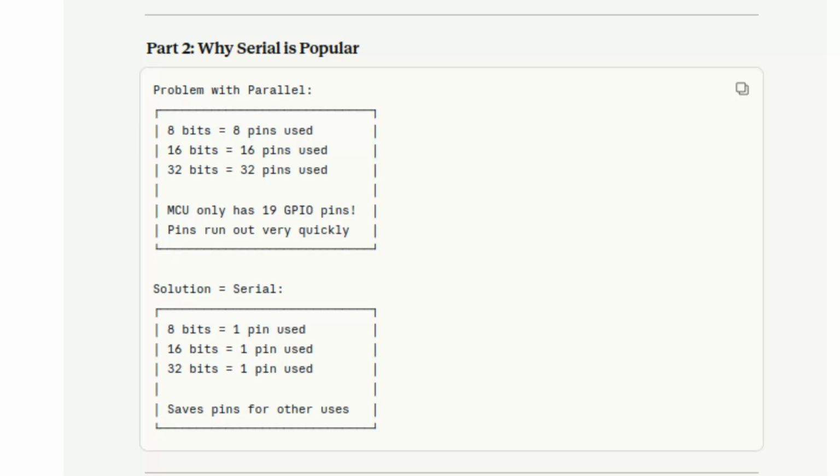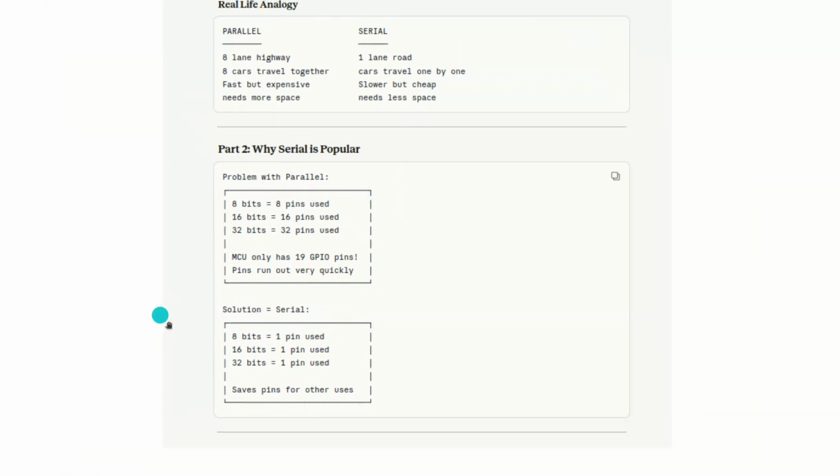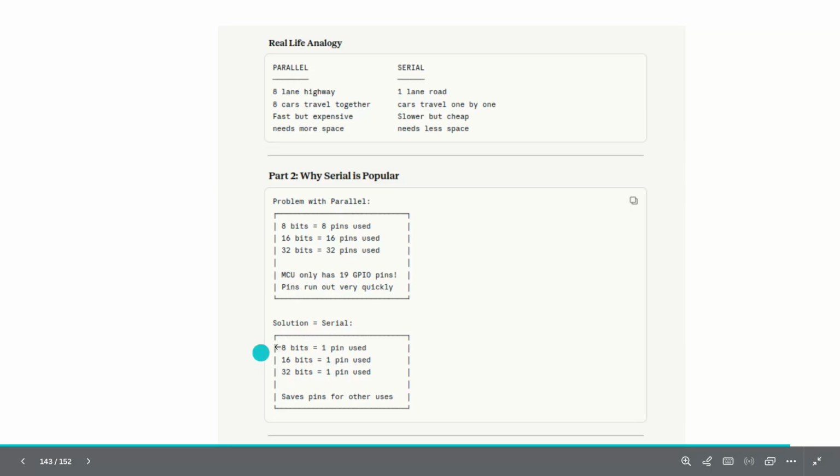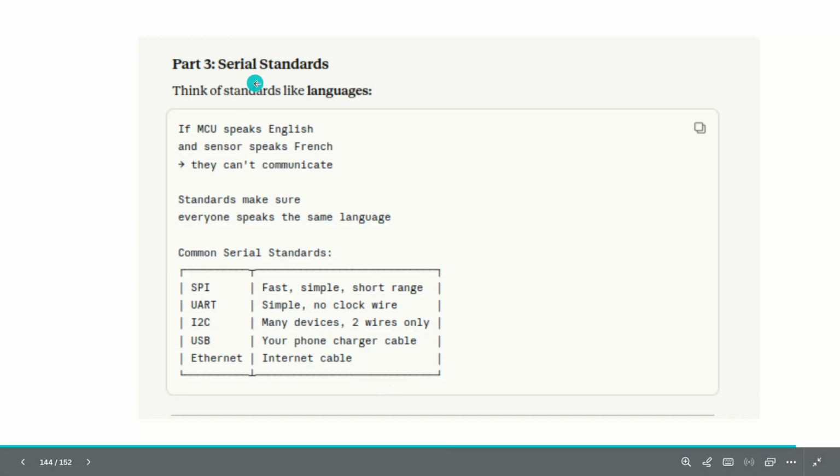The solution here is serial, because whatever the number of bits, only one pin is used. So it can save pins for other uses also. Whether it be 8 bits, 16 bits or 32 bits, only one pin is needed there.